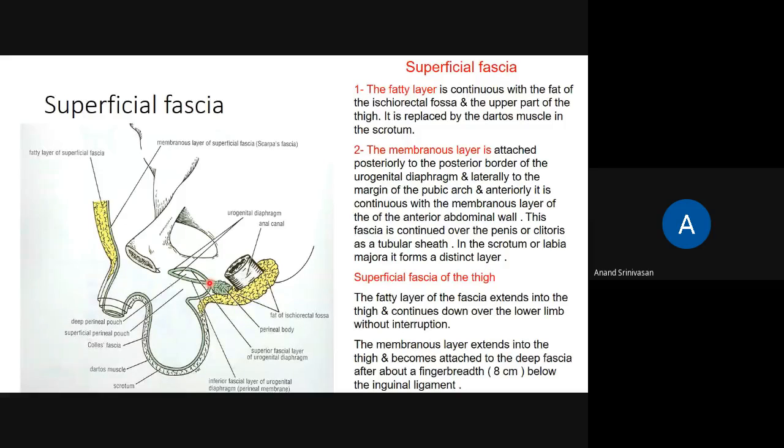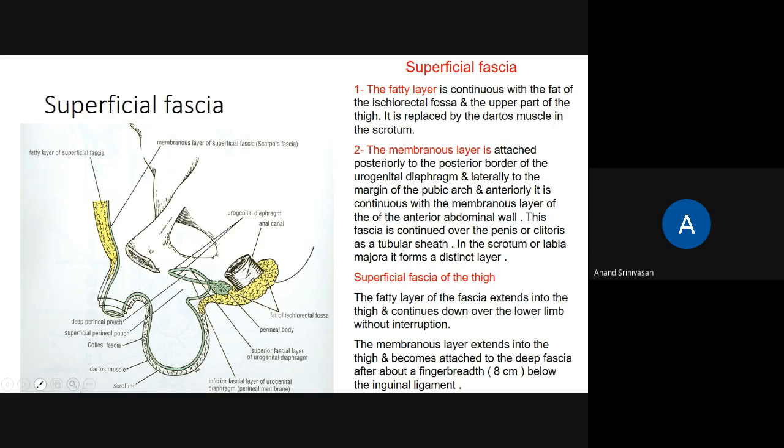the urogenital diaphragm. Now the superficial fascia of the thigh: the fatty layer extends into the thigh and continues down the lower limb without interruption. However, the membranous layer extends into the thigh and becomes attached to the deep fascia about a finger breadth below the inguinal ligament, which is called Holden's line.